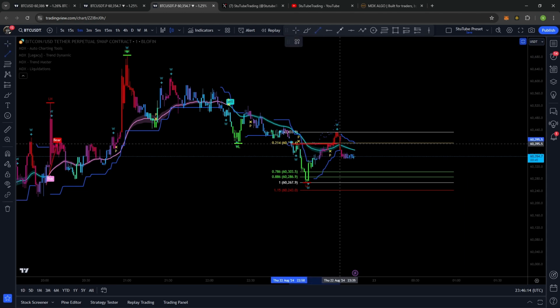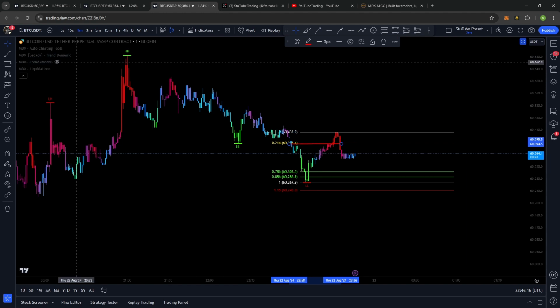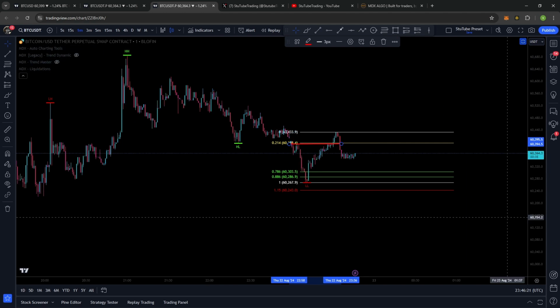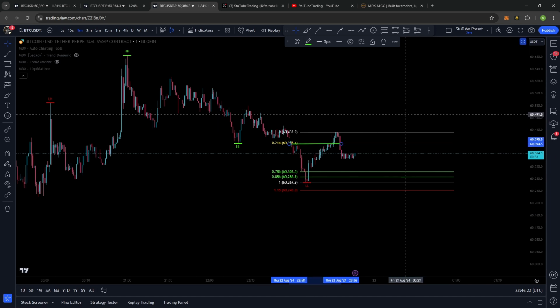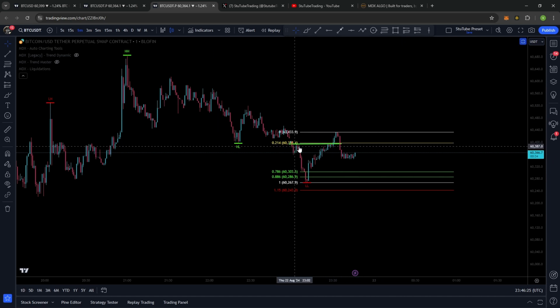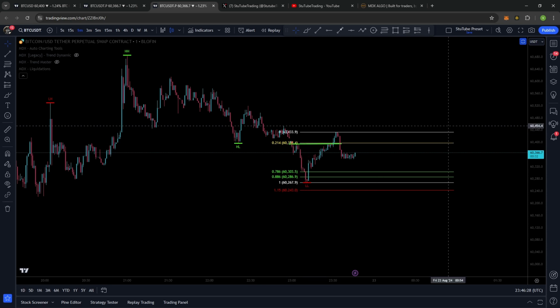So we do, just to label this out as a typical STUBER fib, gonna make that green because we had the bullish break of the lower high there.